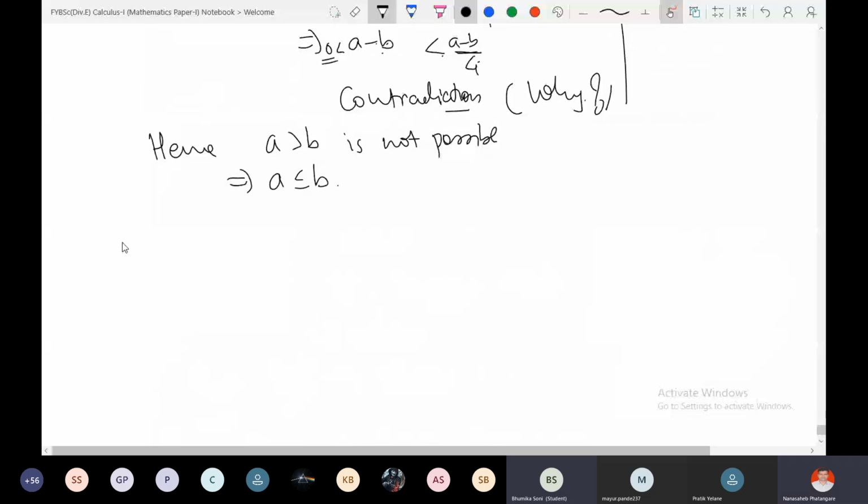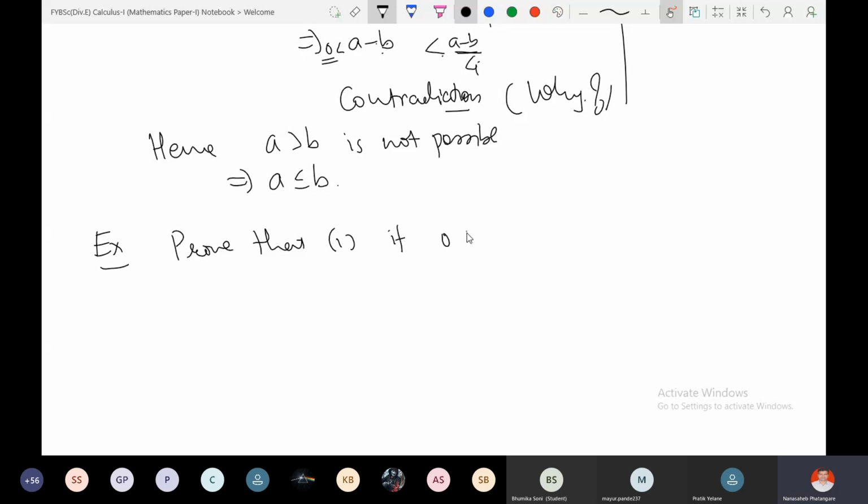Fine. So a few more exercises. Prove that if 0 less than c less than 1, then 0 less than c raised to n less than c less than 1 for every positive n.